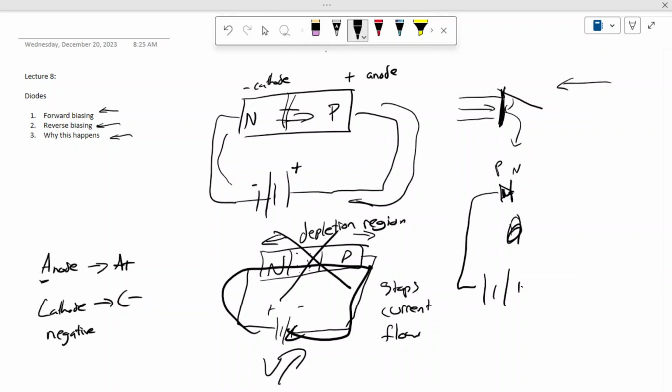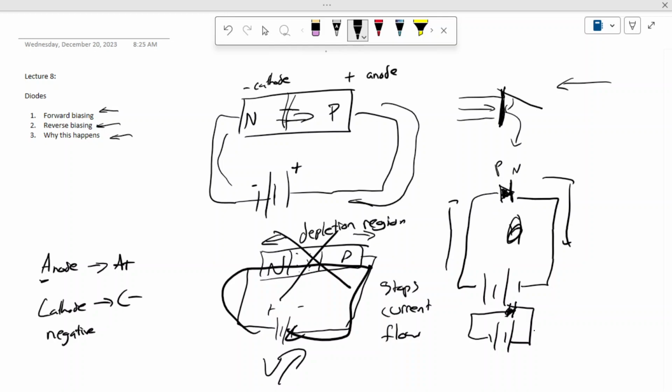So in this setup, current will flow through this diode. If we reverse it, the current will not flow.